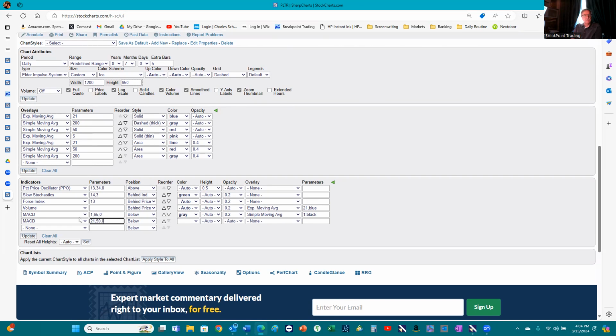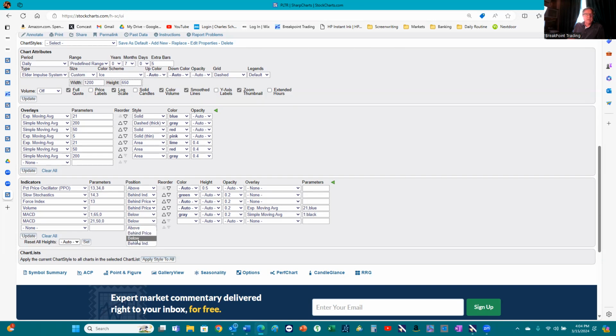And again, I'm using 0. I don't want a signal line. I just want the difference between 21 and 50. But instead of putting it below, I want to put it on top of the same chart, this one up here. So in VectorVest, in stock charts, you just say behind indicator. You can make it above your main indicator.